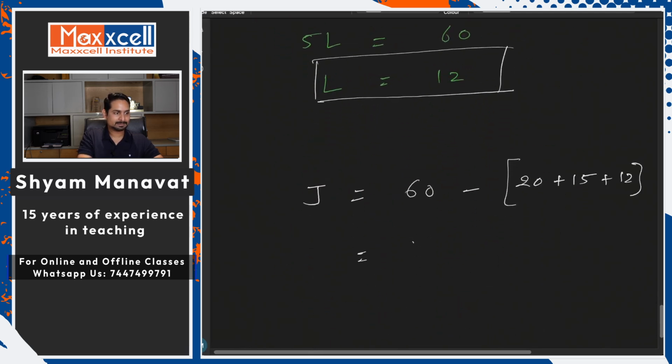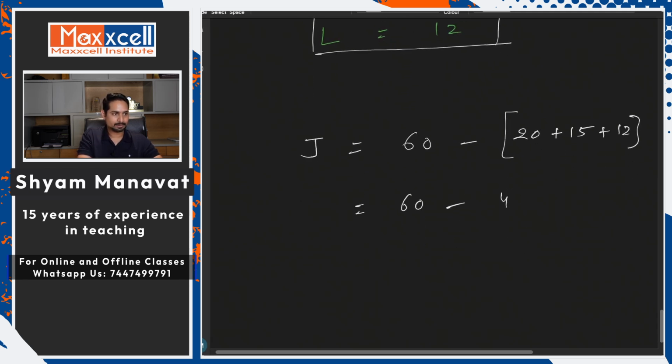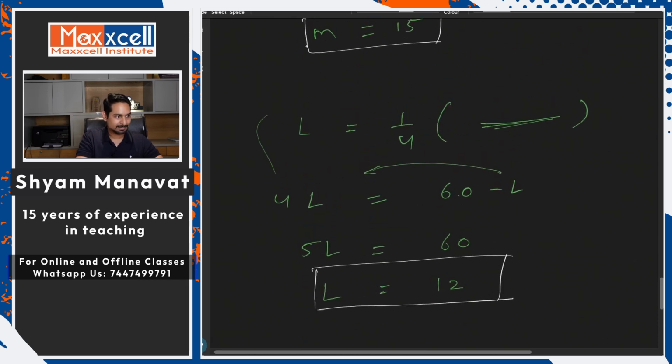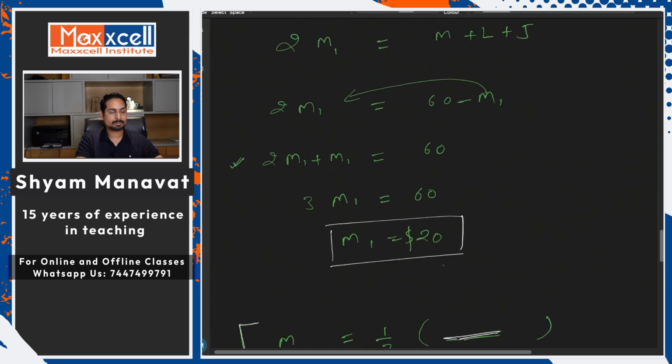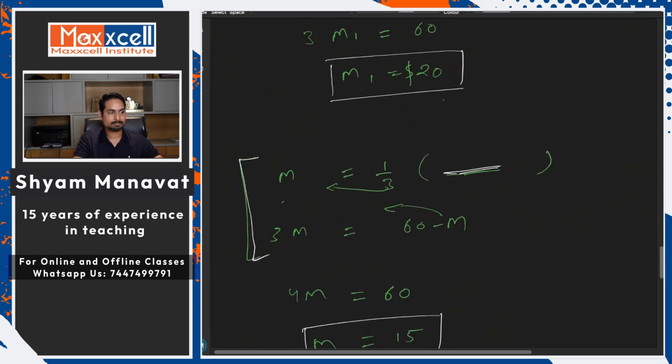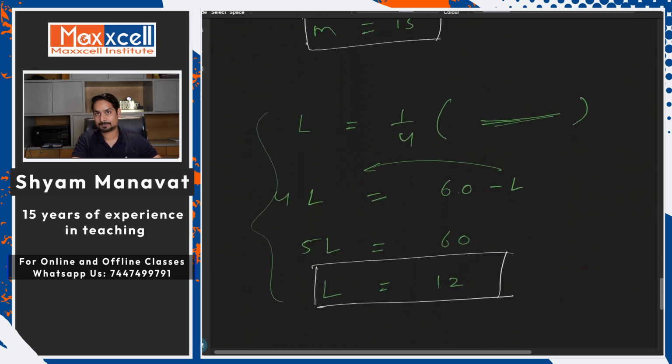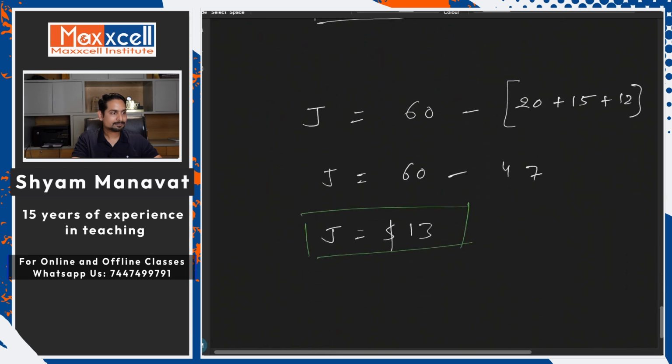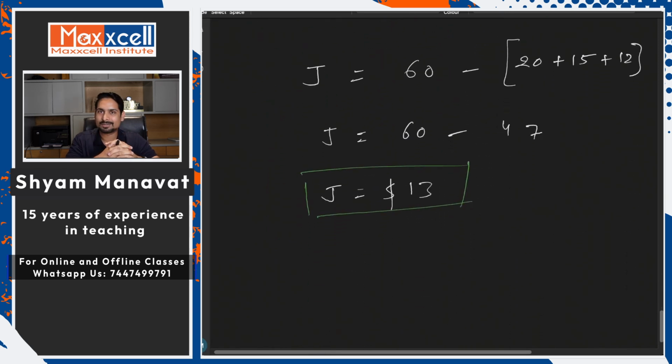Can you simplify this? 60 minus this is how much? 43. No, 47, sorry, my bad. 47. So Jaspal must have paid $13. Yes, this is the answer. If you identify this from Mayank itself, you can make this solution even shorter. Fine. Let's solve the next question.